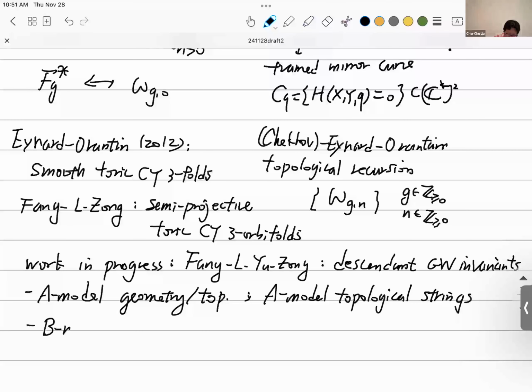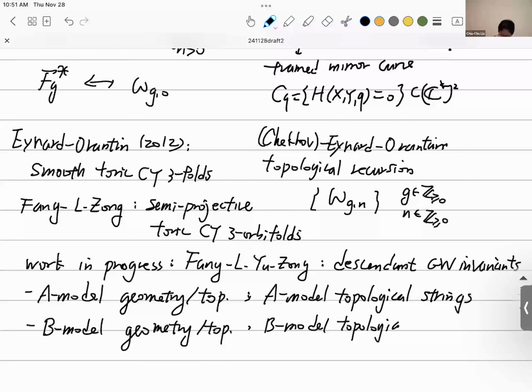Then we will describe the B-model geometry, the geometry and topology of the mirror curve, and the B-model topological string. And then we will outline the proof.